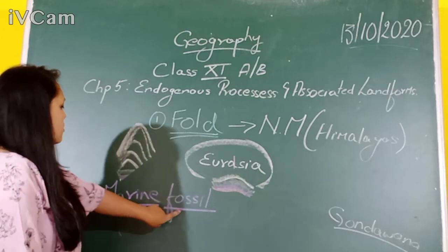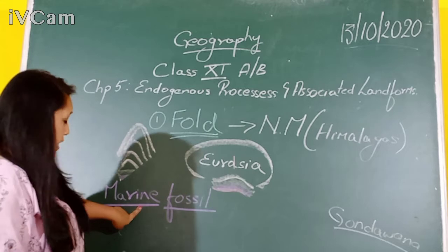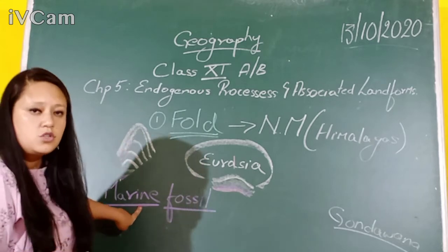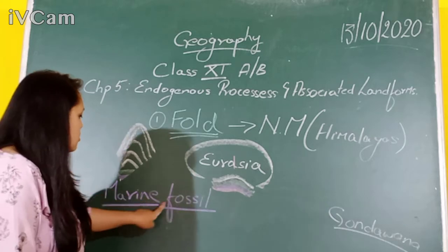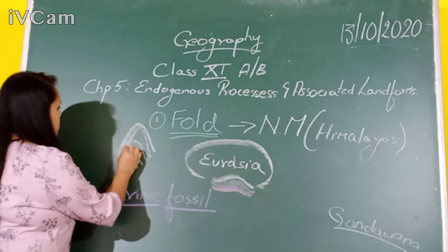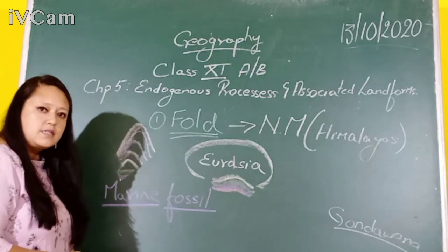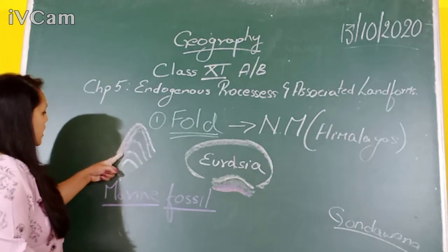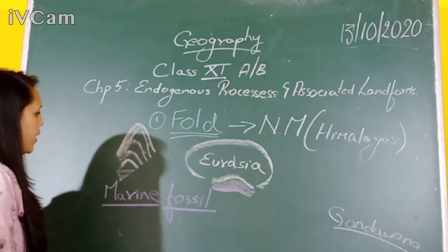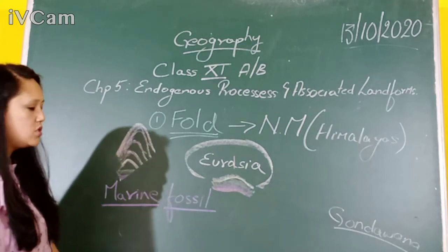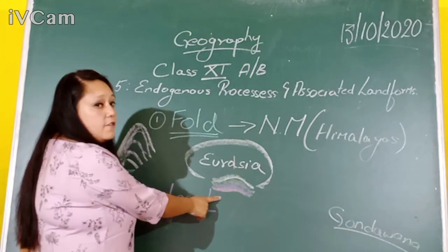So marine fossils mean the plants and animals which are found in the oceans, the seas, or the water bodies. The remains of these have been found at different layers of the Himalayas. Now how can this be possible? It is only possible when we come to the conclusion that the Himalayas was once a riverbed.